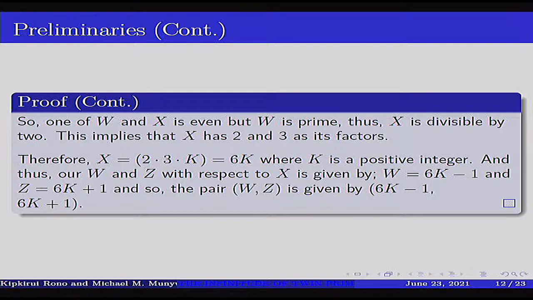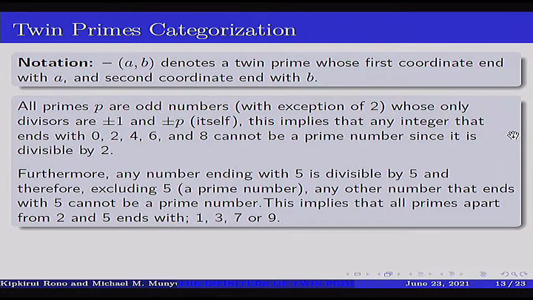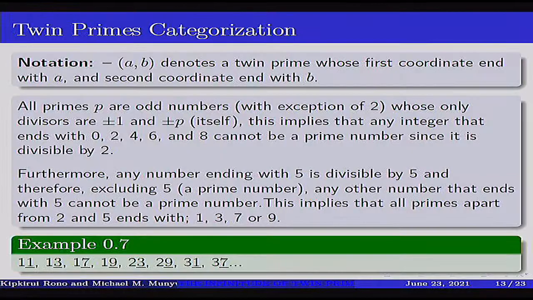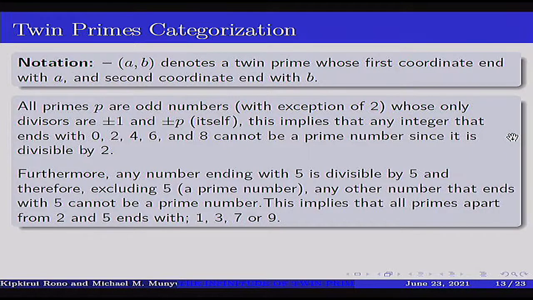I'm sorry, I'm rushing with time. So we are remaining with 1, 3, 7, and 9. All primes except 2 and 5 end with 1, 3, 7, or 9.